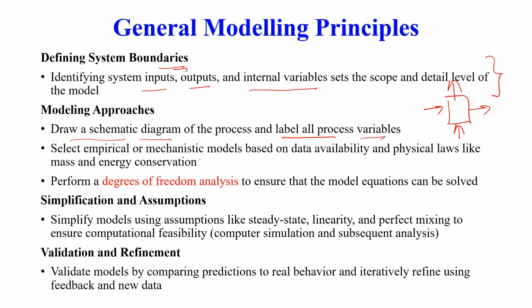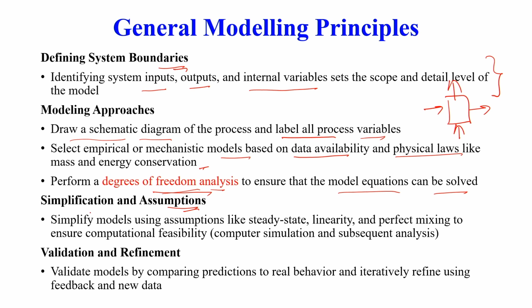Then select an empirical or mechanistic model based on the data availability and physical laws like mass and energy conservation laws. Then you need to perform a degree of freedom analysis, which we will be discussing next, to ensure that the model equations can be solved. Once you have the details of the model, the next is how to solve it.